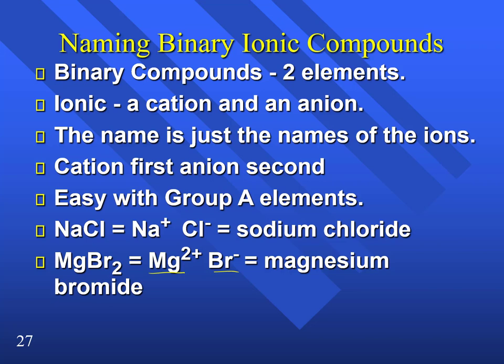I need to do the crisscross, and I'm going to put that 2 right there. And if it's easy to figure out, it doesn't show up in the name. So scientists are lazy. They want to write the bare minimum that lets you go back and forth. And this math is pretty easy. So there's no need to put it in the name.